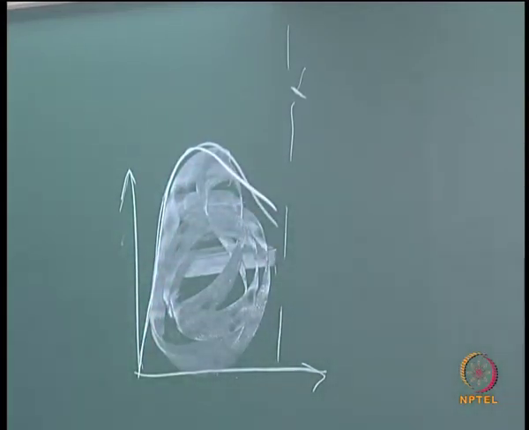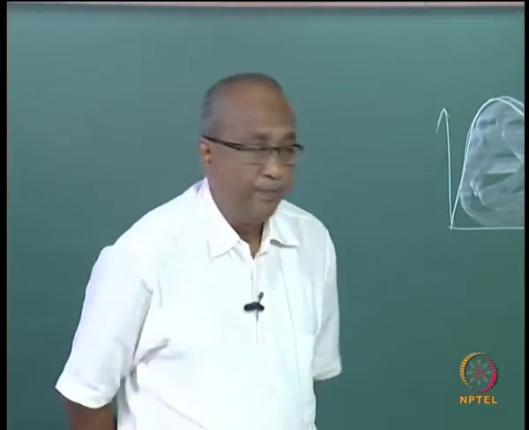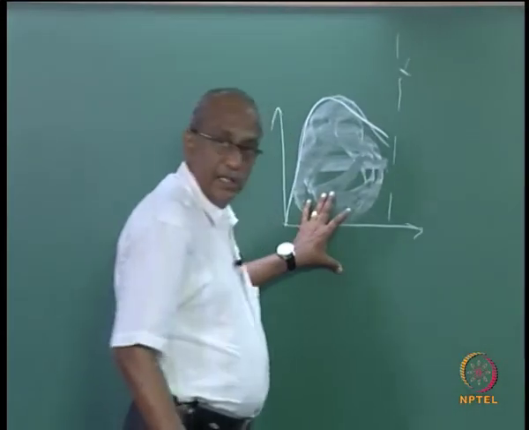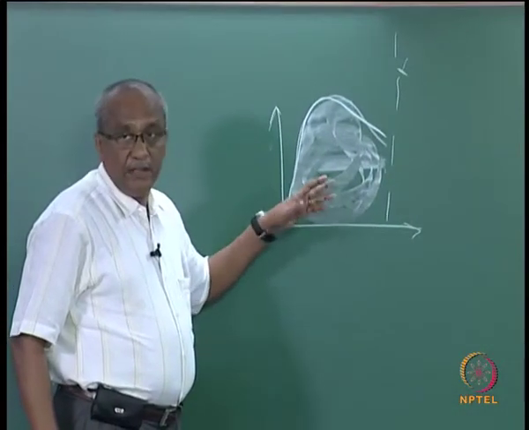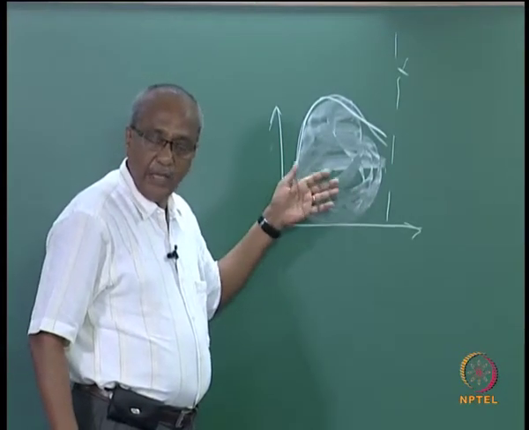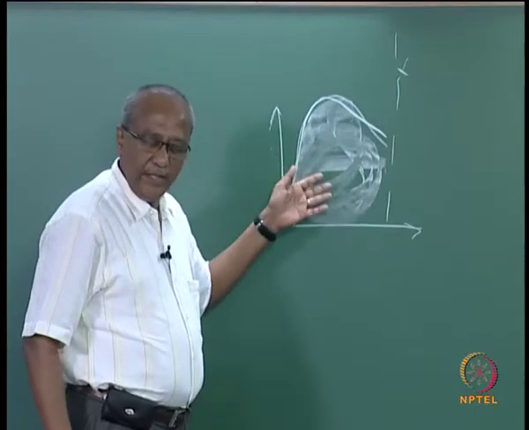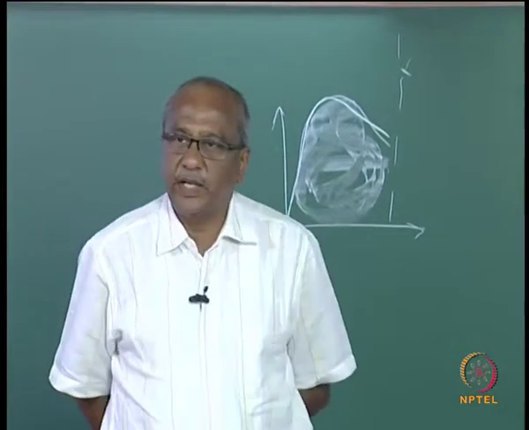Once you know it, you integrate and get the total sediment transport rate. Such a figure can be drawn for every month, for an average breaking wave angle or average breaking wave characteristics for each month, and then integrate to get it.